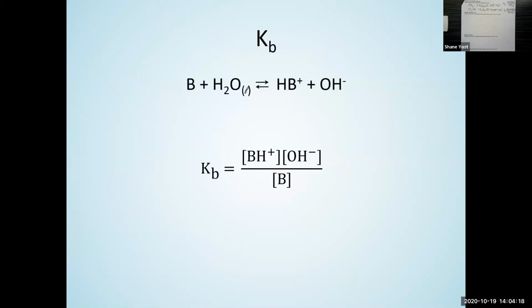All right. So we talked about the base dissociation constant, the Kb, for some general base reacting with water, forming the conjugate acid and the hydroxide ion. It has a Kb expression of the conjugate acid times the hydroxide ion concentration divided by the concentration of your weak base. Typical equilibrium constant expressions, nothing new there.